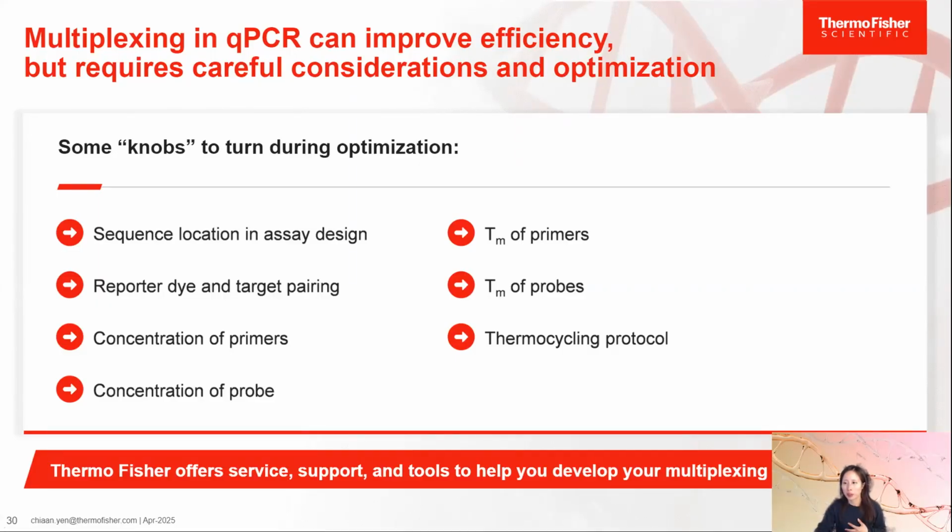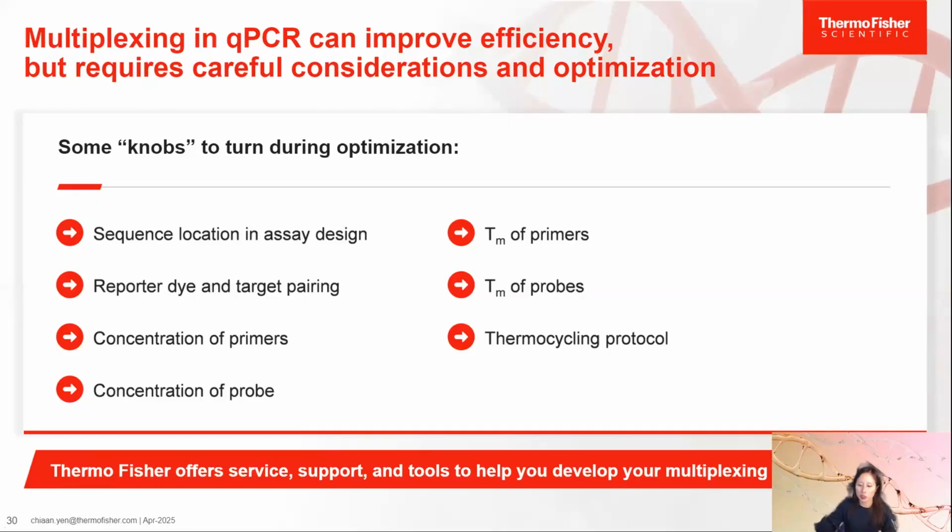And lastly, the thermocycling protocol is definitely something you can play around with. There's the denaturation temperature that typically is enough for most targets, but the time you may change if it's something that you know needs a little bit longer time to open up. And then for the anneal extend temperature, that is something that is played around with a lot more, depending on your primer probe TMs.